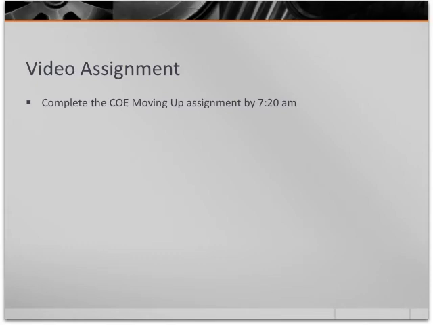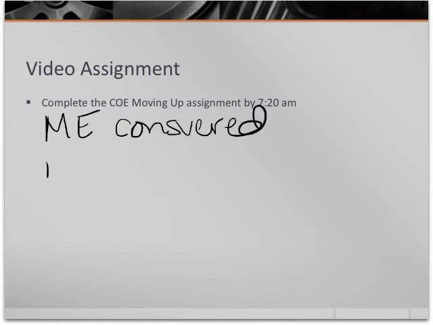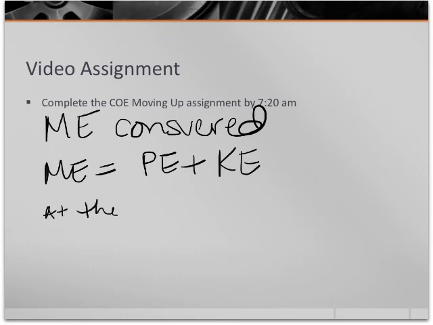The key things are your mechanical energy is conserved. All right. ME equals PE plus KE. And then you just got to remember at the top, your velocity equals 0, so no KE.